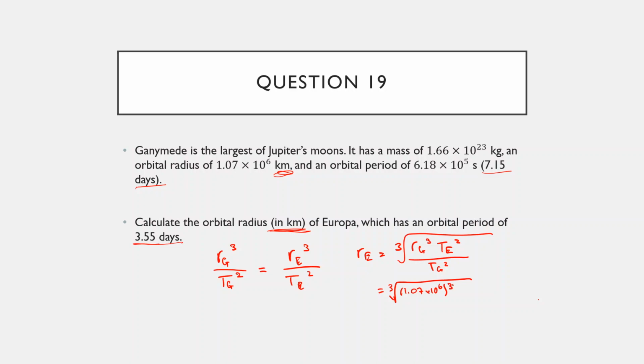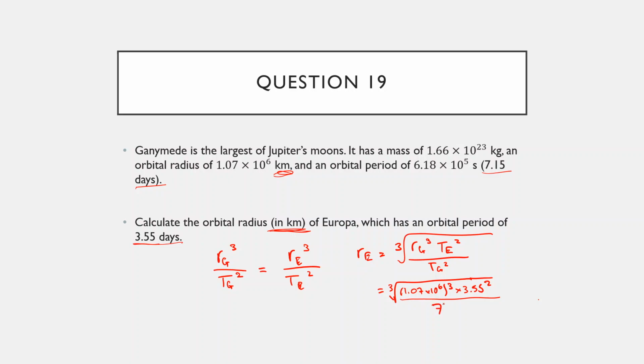Now here's something really important. Don't forget to cube that R, okay? Just be careful. Multiplied by the period of Europa, which is 3.55 days, squared. Okay, don't have to convert it to seconds, so long as all of the quantities for period are in days.